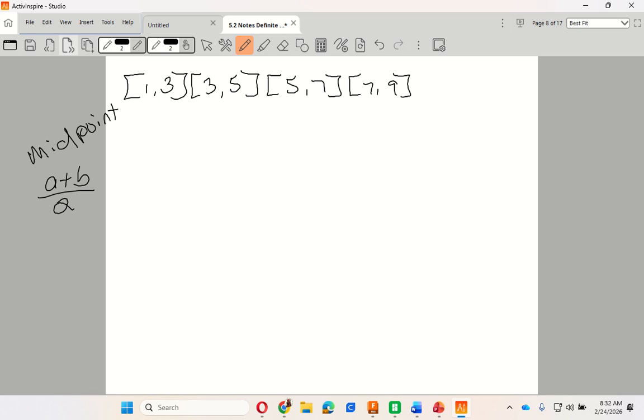So in this case, that's still my delta x for all of them, right? That's the thickness of each one of the rectangles.